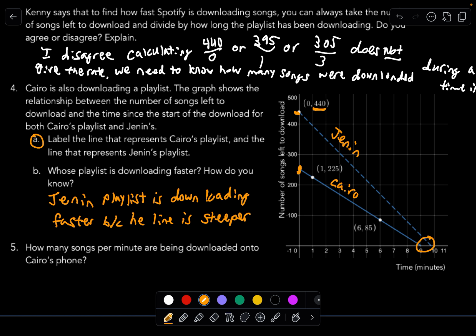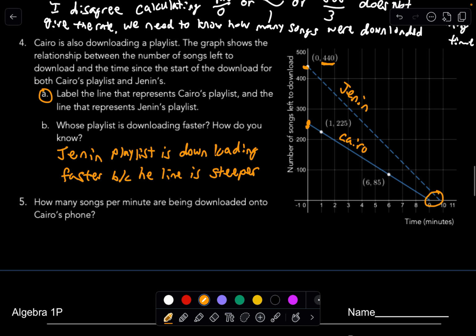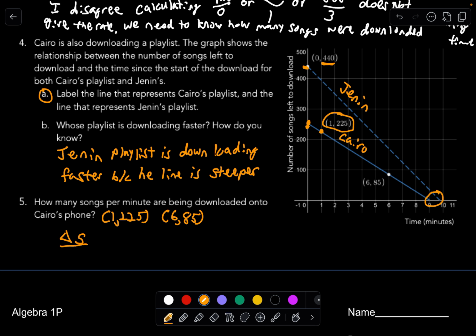Okay. Now, question 5, how many songs per minute are being downloaded into Cairo's phone? Well, notice they give you (1, 225) as a point on the line, and they give you (6, 85) on the line. So how many songs per minute? Well, that would be the change in songs divided by change in time that took you.